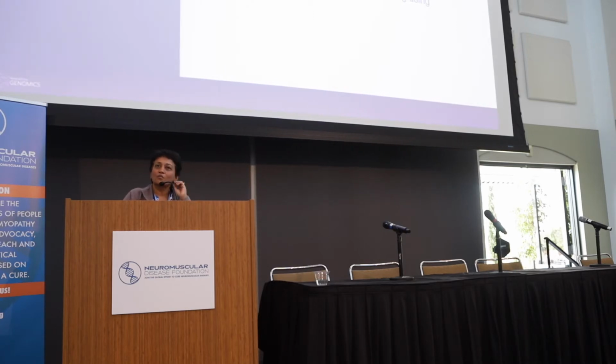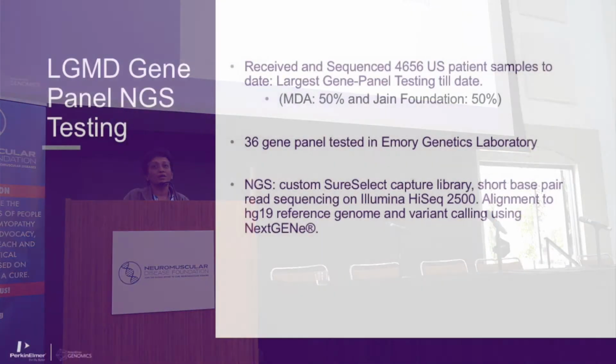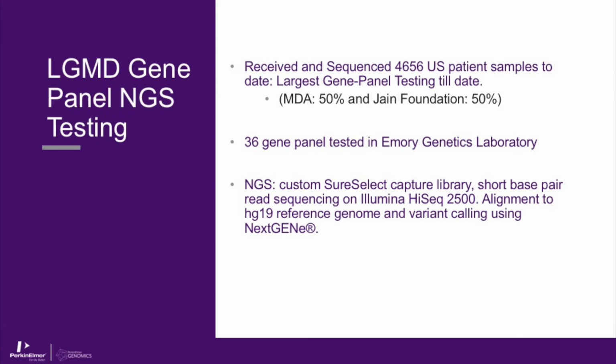Now the first thing I want to point out to everyone here is how much science has advanced since the time we actually did this panel. In this panel, we had 36 genes. Today, if you go to the literature, there are about 80 plus genes which cause neuromuscular disorders. About 10 to 12 new genes are reported every month now, and it is really hard to keep track of what is going on.